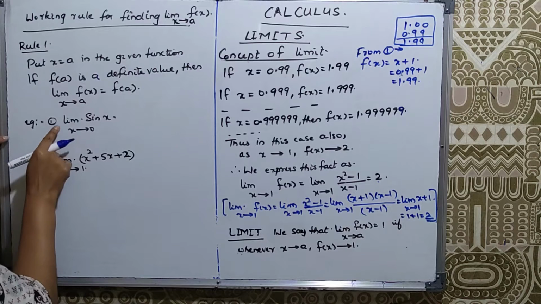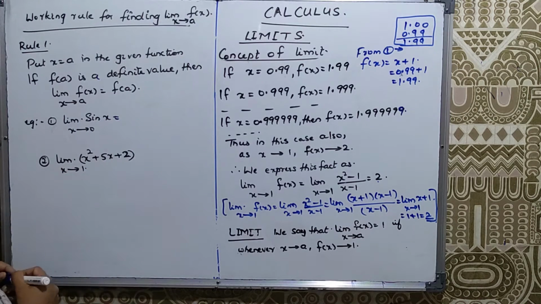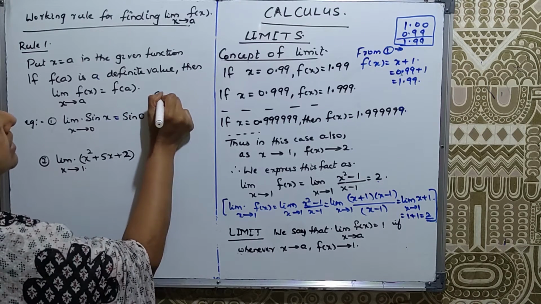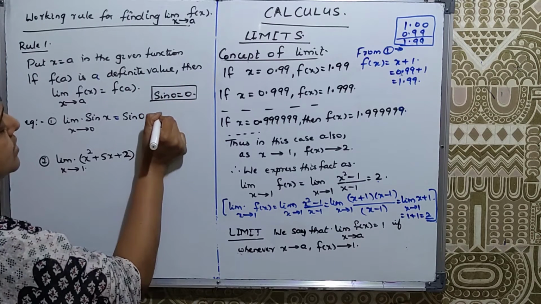We wrote one example: limit x tends to 0, sin x equal to, I am substituting the value of x as 0, because it said x tends to 0. So it will become sin 0. But you will know that sin 0's value is 0. So we'll get a definite value 0.